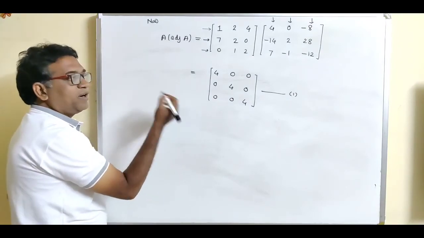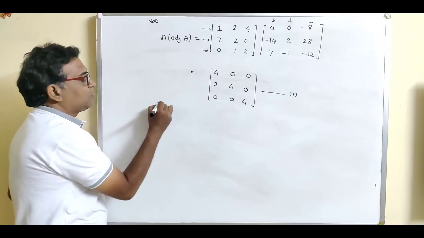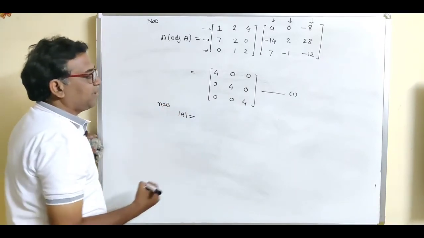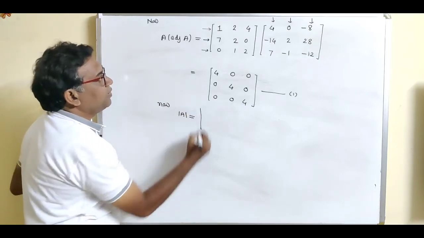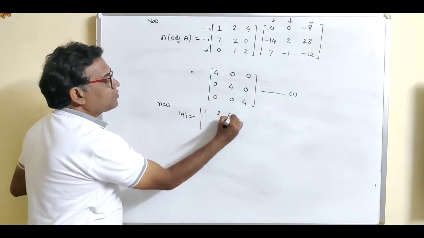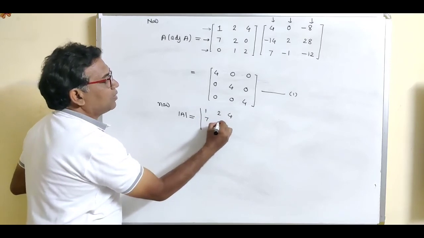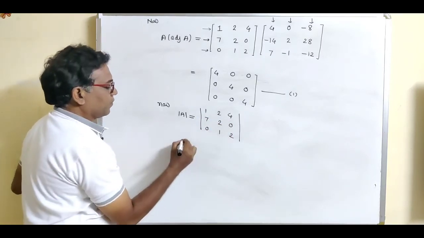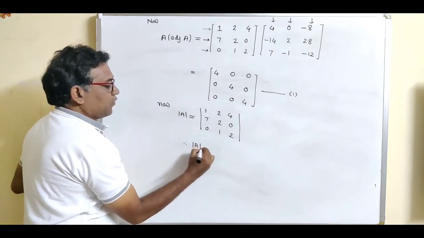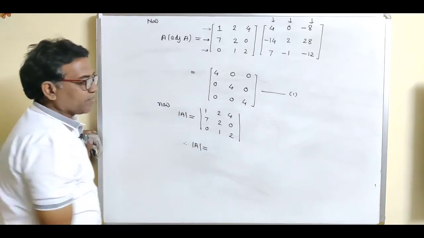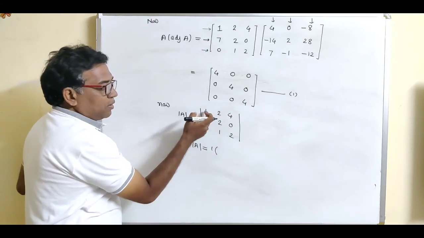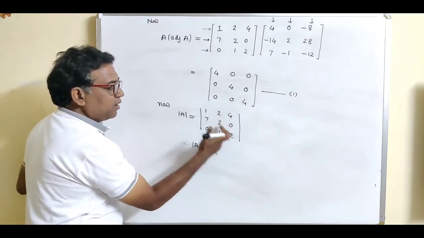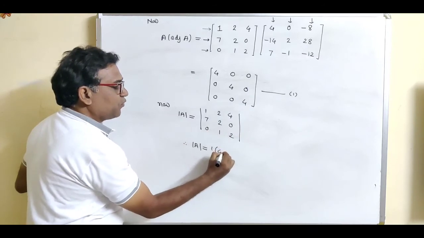Right hand side will be determinant A into I. So first of all, find determinant A. Determinant A means this matrix: 1, 2, 4, 7, 2, 0, 0, 1, 2. So find this value of determinant A. Just consider this first element, delete the corresponding row and column and take the determinant. 4 minus 0, so this is 4.